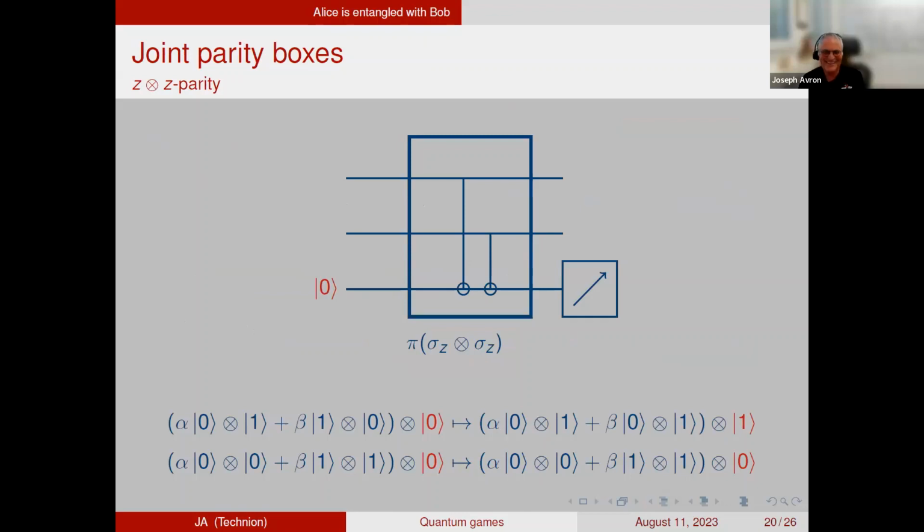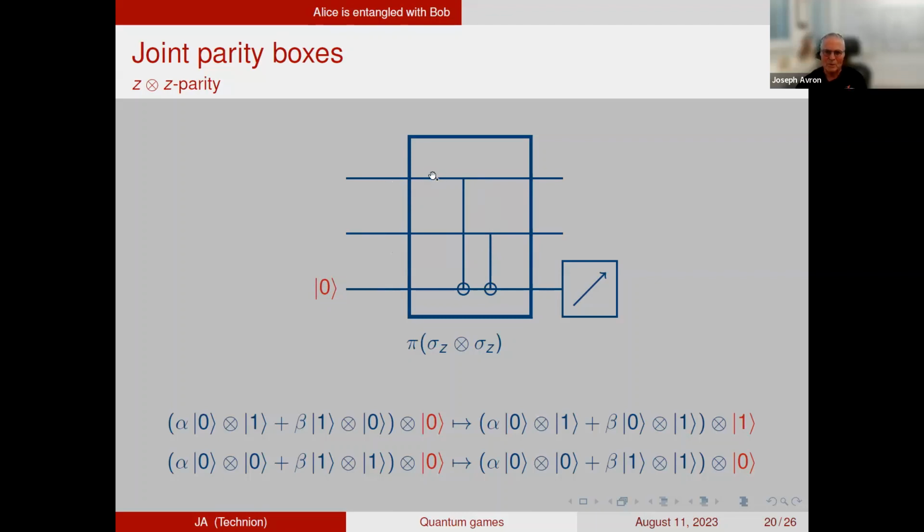Okay, so for example, here is in practice how you measure the product of parities of these two qubits. You put two C0 gates. You see, if this qubit is 0 and this qubit is 0, then this C0 does nothing, and this C0 does nothing, and the measurement of the ancilla would give me 0, which means that the parity was 0.